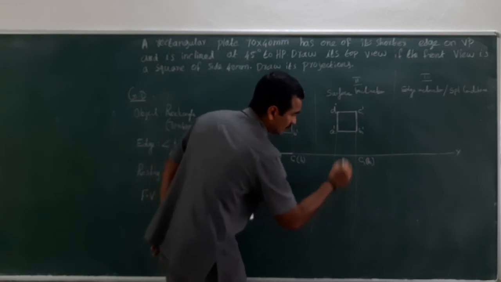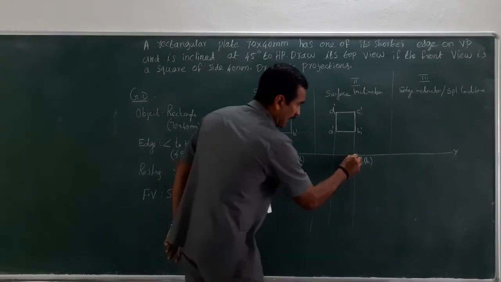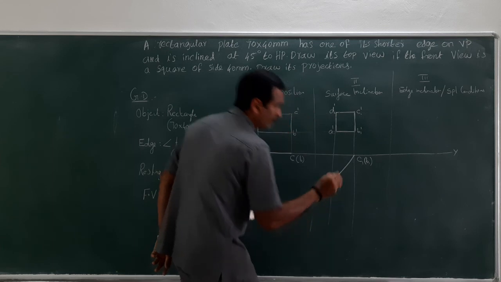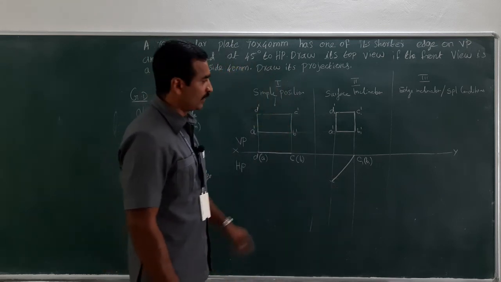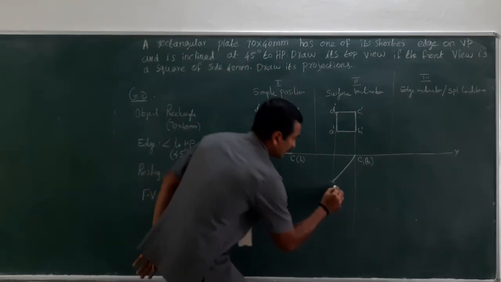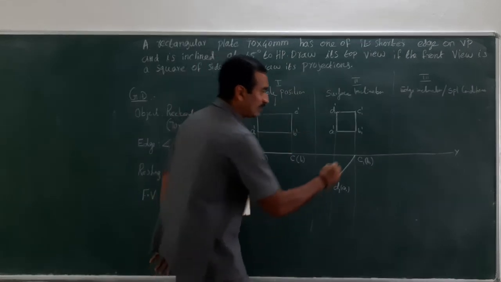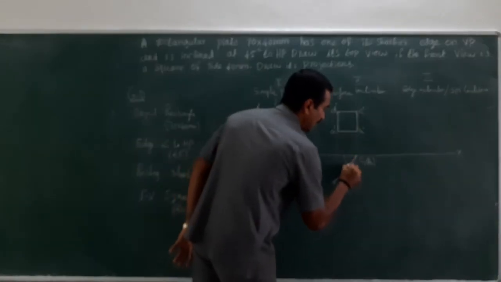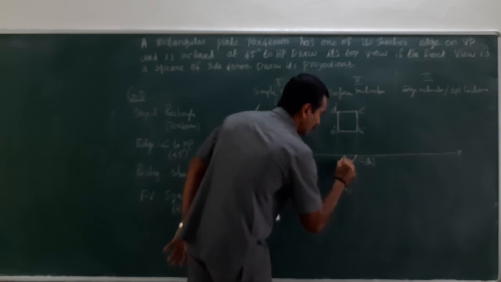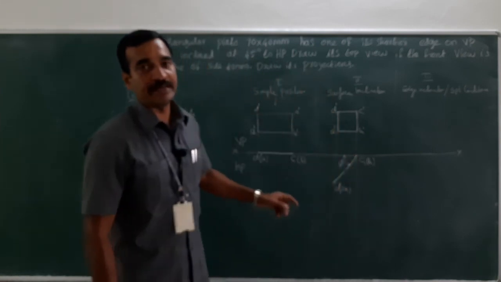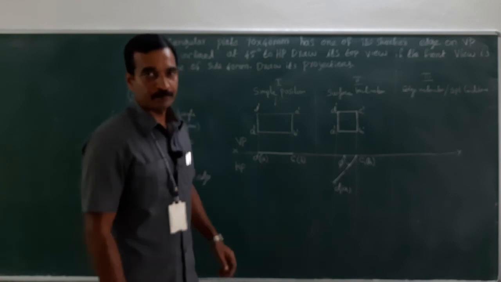So cut it somewhere here. Now draw a line. Now you got the points D1 and A1 here. Now you got the inclination, that is phi, the inclination with VP.